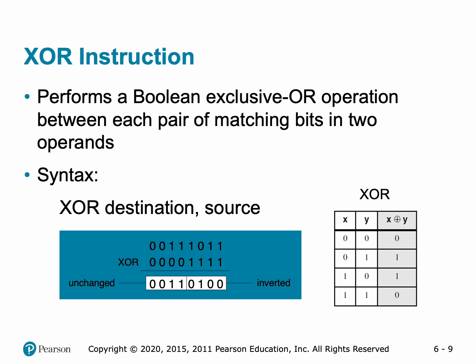Then the XOR, looking over here at the chart on the right, you're going to get 0 if both operands are 0, or both bits are 1. So basically you're looking at the operand's bits, and if they're equal, then we set to 0.